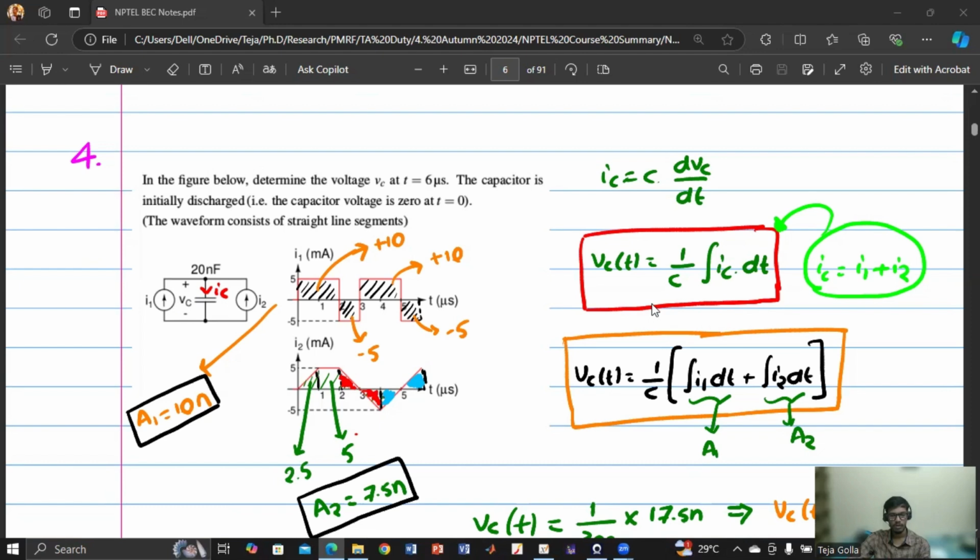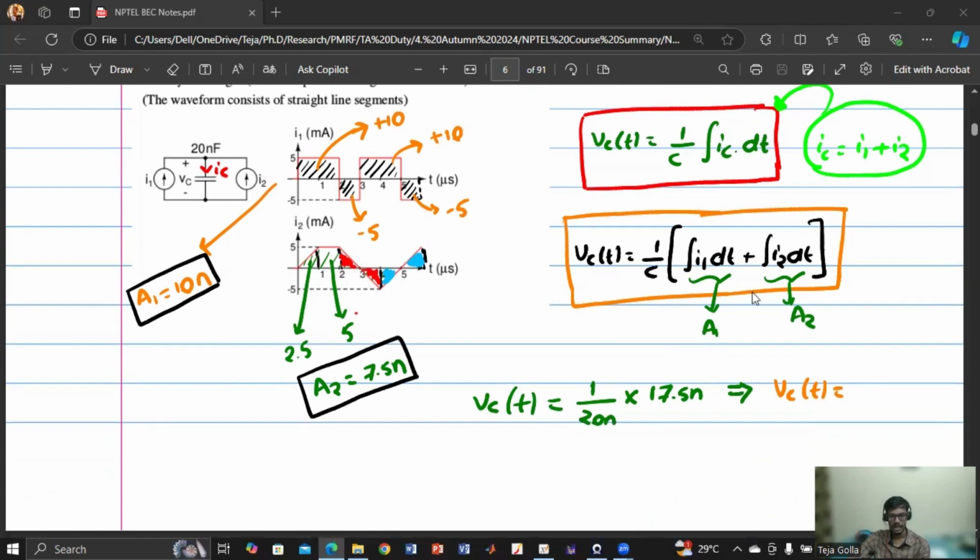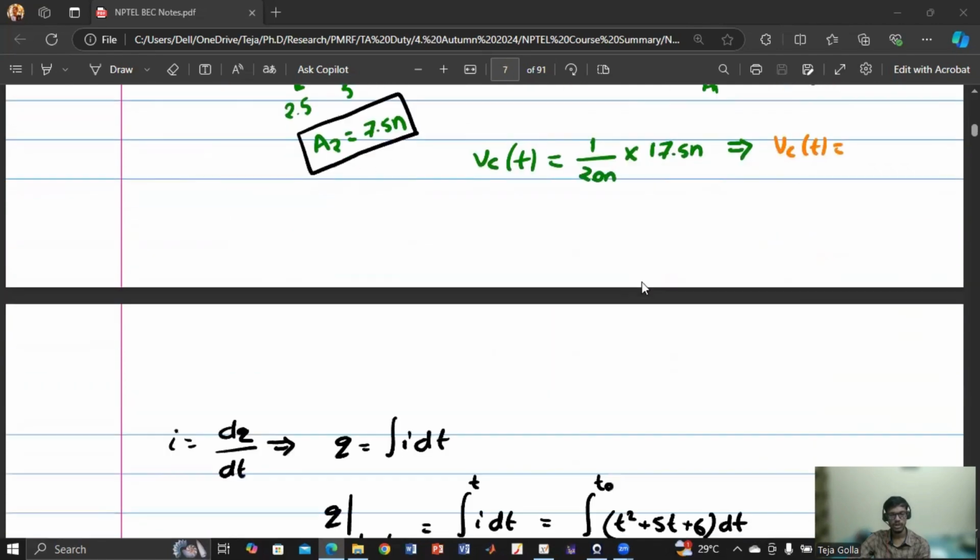And V is 1/C integral of I dt. So voltage is basically the integration of the sum of both currents. I can separate it and write the integration of the first current plus the integration of the second current, which is the area under the curve. I can directly calculate the areas, add them up, and divide by the capacitance to get the voltage.